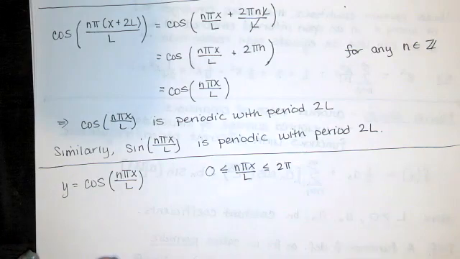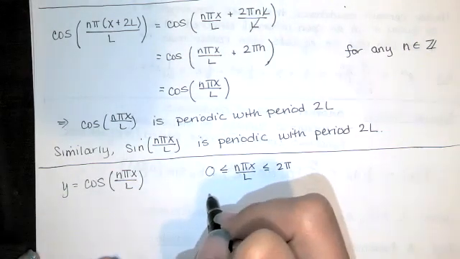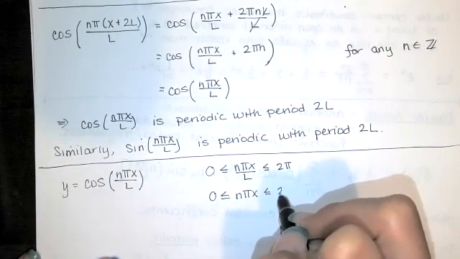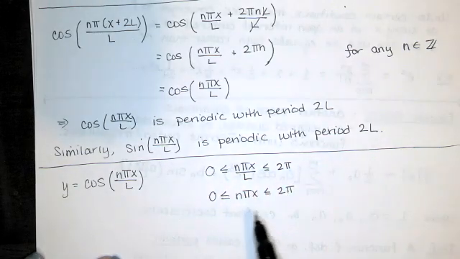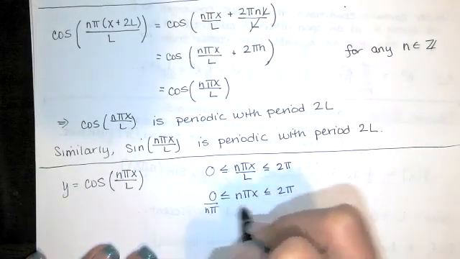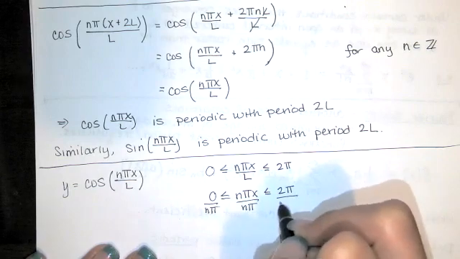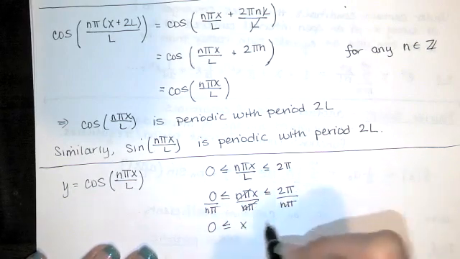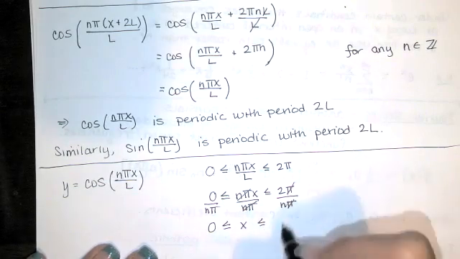Well, if I multiply all three sides of this compound inequality by L, I get this. If I divide all three parts of this by n pi, I get that. And so I have 0 is less than or equal to x, and the pi's reduce.